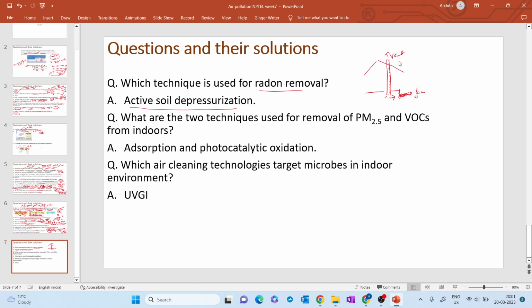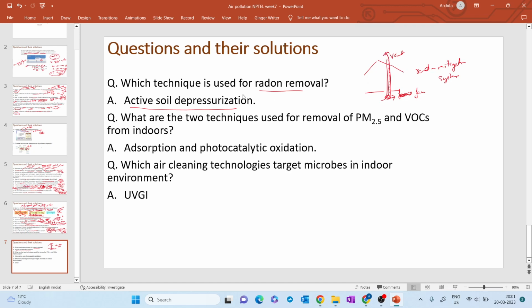The method I suggested in the radon mitigation system earlier is this one, the active soil depressurization. You have a circulation that helps radon come out, pass through the vent and escape.